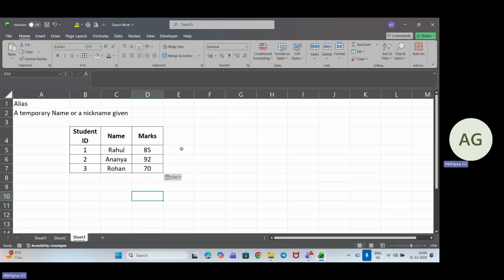Suppose, instead of showing student ID, I need to show only ID. We can show it only as ID. Here the name is name, but if it is student name, I can change it to name. Here it is marks, I can change it to score, right? So that we can do.